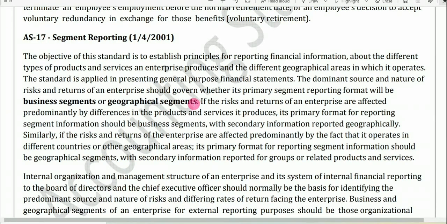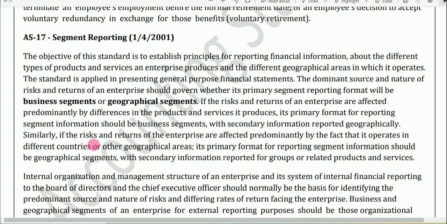If the risk and return of an enterprise are affected predominantly by differences in the products and services it produces, its primary format for reporting segment information should be business segments, with secondary information reported geographically.